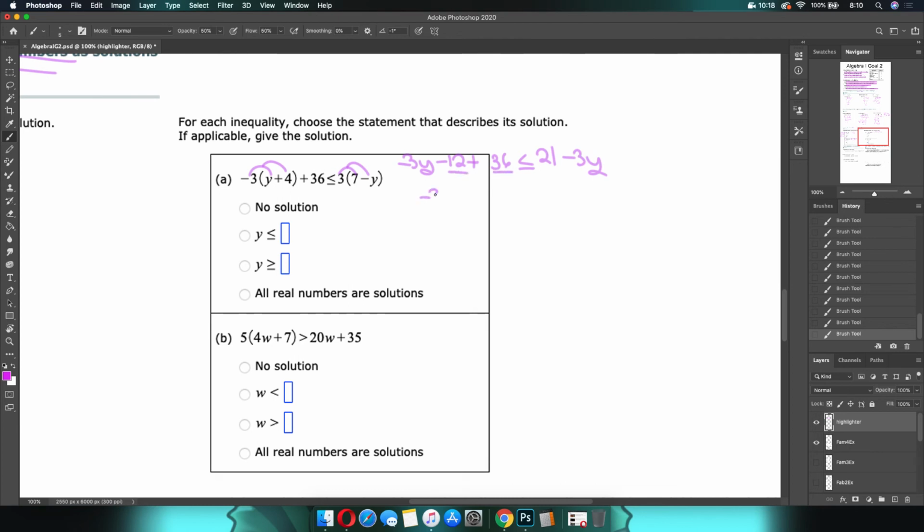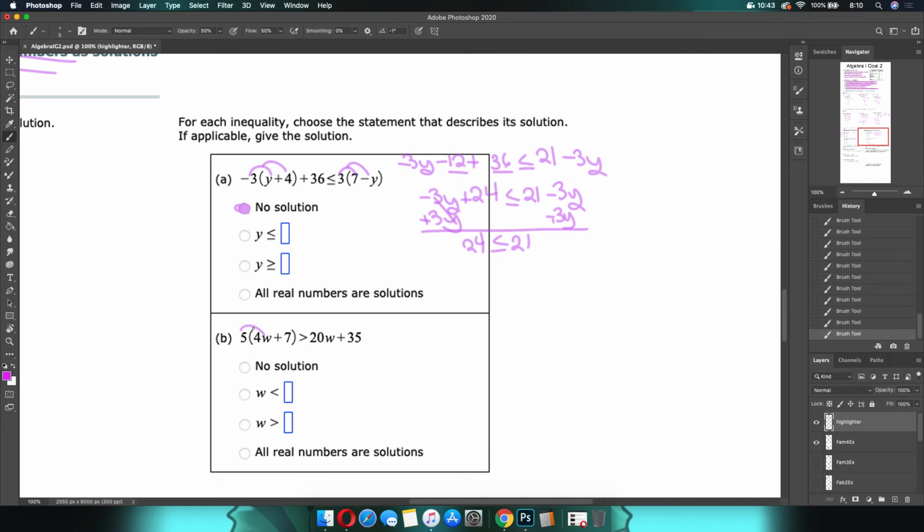So negative 3y plus 24 less than or equal to 21 minus 3y. Next up, move the variable, so plus 3y, that cancels out. Is 24 less than or equal to 21? Nah, so that's going to be no solution.